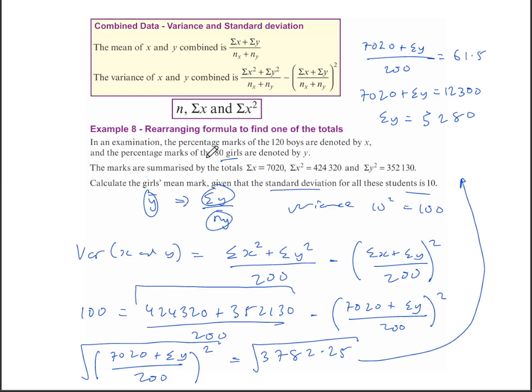The girls' n. So 80 in this case, or ny if we are using the notations. So we have to divide this by 80. And that will give us our mean mark for the girls to be 66. So we sort of reverse engineered this formula in order to get this specific part of it.